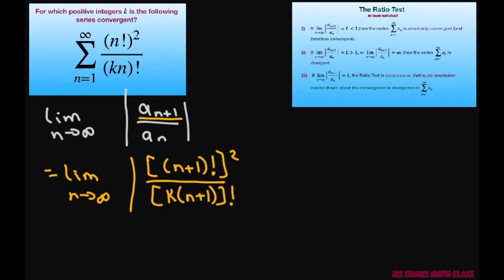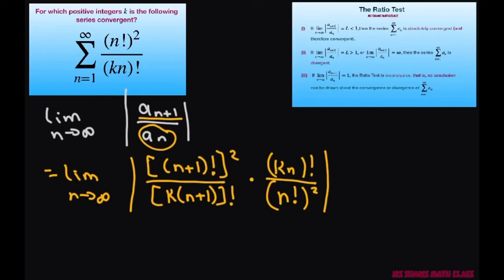And then we're dividing by a sub n, so that's the same as multiplying by (k times n) factorial divided by (n factorial) squared.